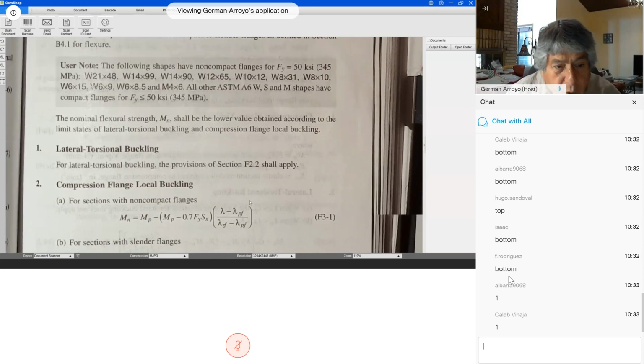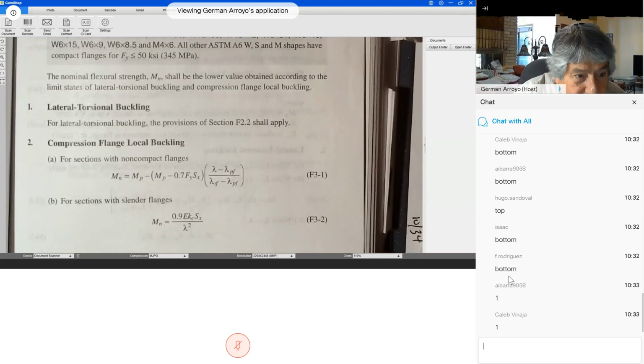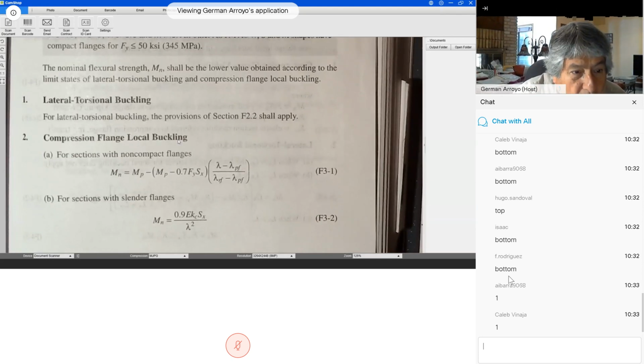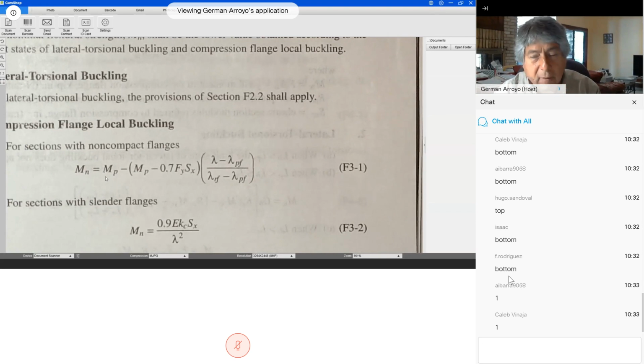In addition, you have to compute the nominal capacity based on local buckling. For non-compact, you can see in here, it's very similar to the previous equation. It doesn't have the C sub b.